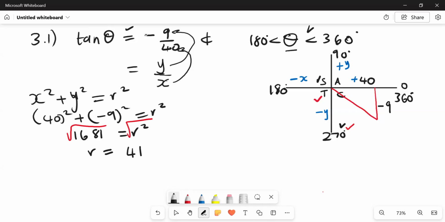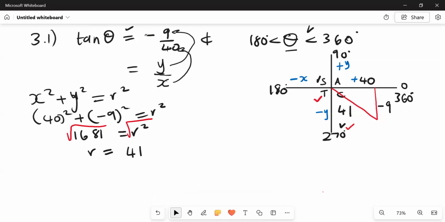But I can use only the positive here because r is a distance, a scalar quantity. It only has magnitude, not direction. So we don't consider direction when it comes to distance. So this will be our positive 41.